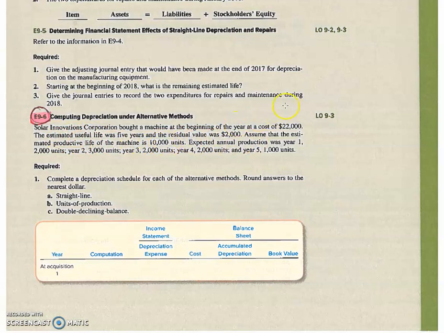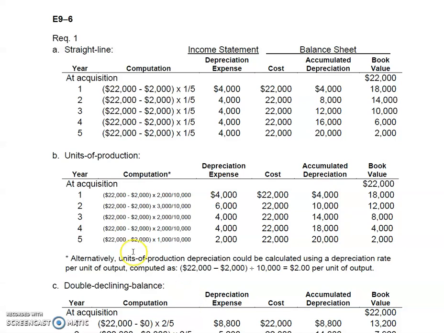So $20,000 depreciable cost divided by 10,000 hours gives you $2 per hour. So year one, $2 times 2,000 units would be $4,000. Year two, $2 times 3,000 units, $6,000, and so forth. So there we see the computation: 4,000, 6,000, 4,000, 4,000, 2,000.